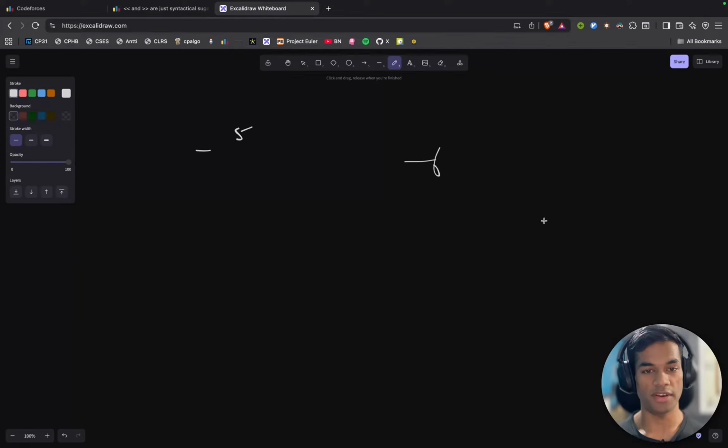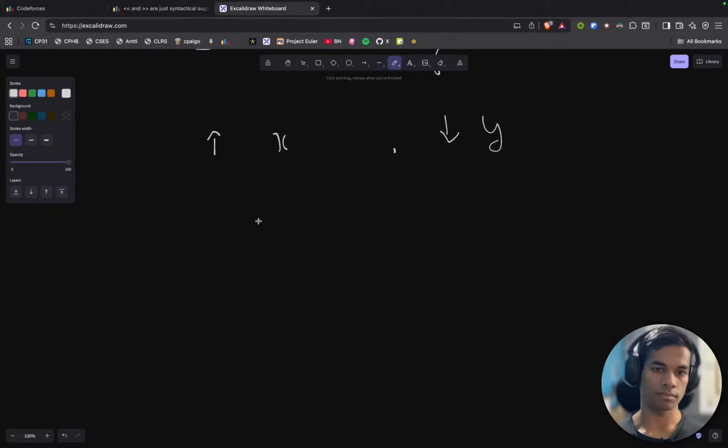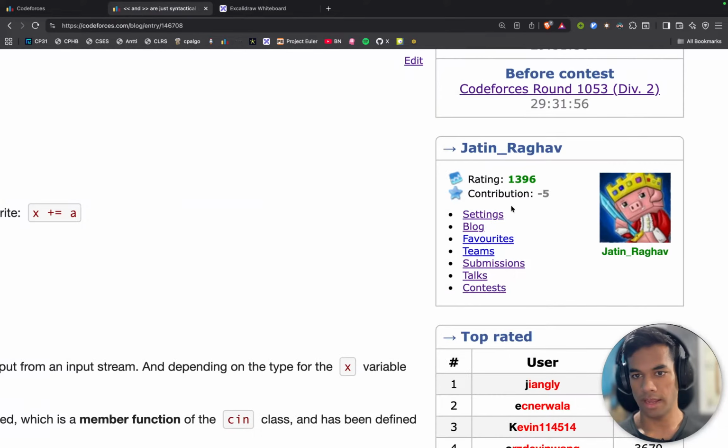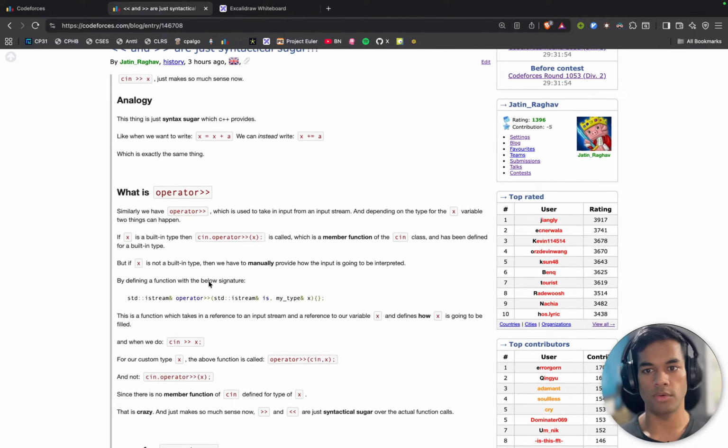That is unfair. If we represent upvotes by x and downvotes by y, we can say 5x plus y equals the total contribution. And that is how the contribution is calculated.